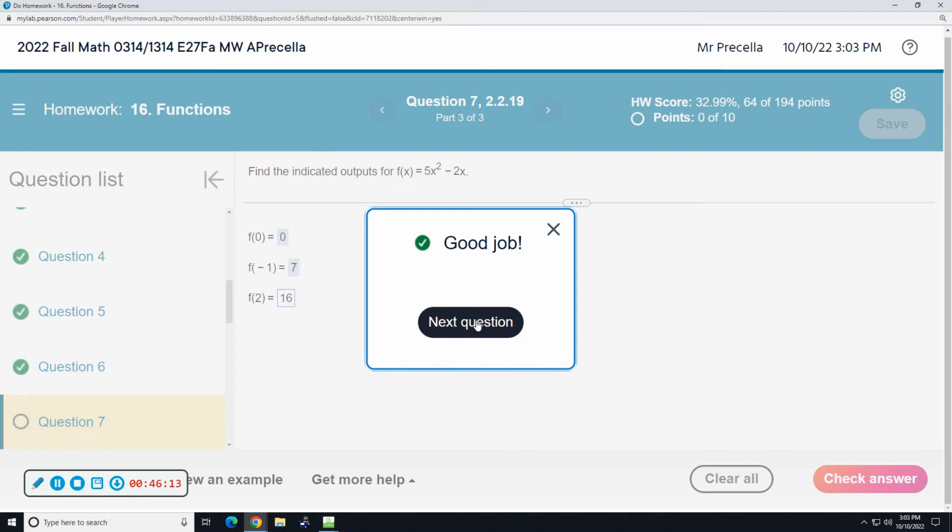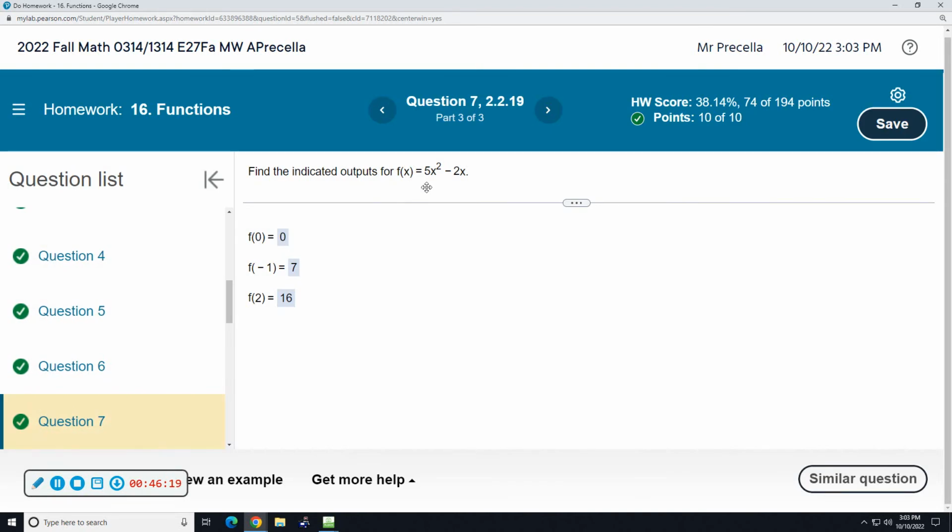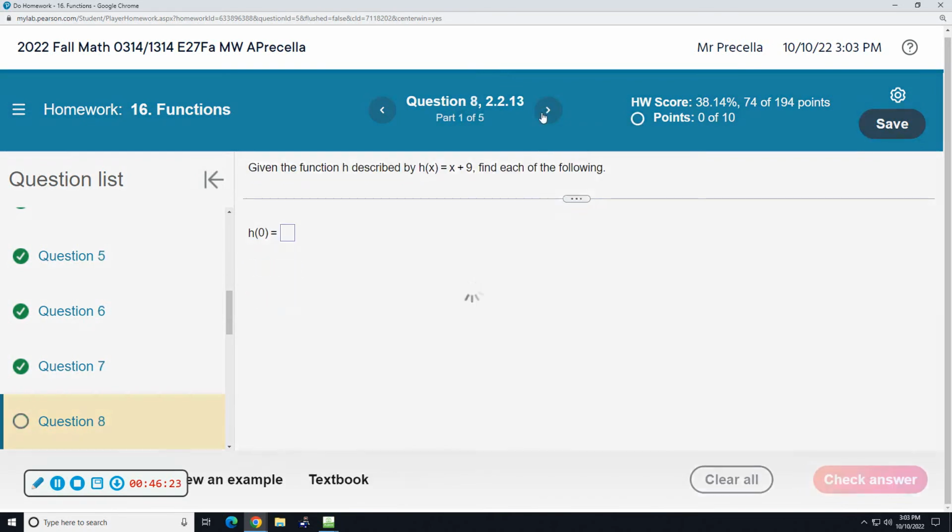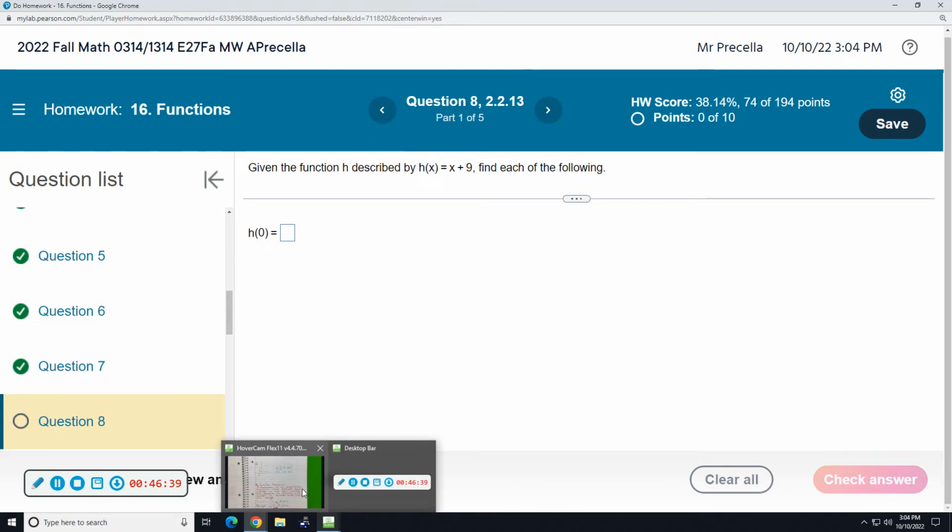Any questions there? When using function notation, whatever is inside the parentheses, that's what you go through and replace the variable with. By the way, the most commonly used letter for function notation is f, because the word function starts with the letter f.